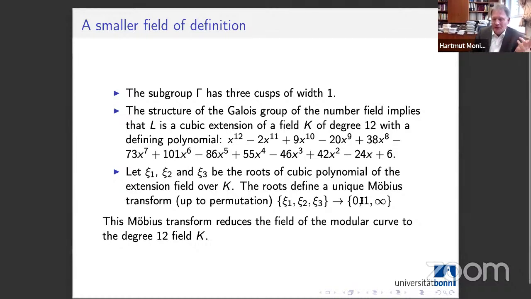A Möbius transformation is defined by the mapping of 3 points in the complex plane.